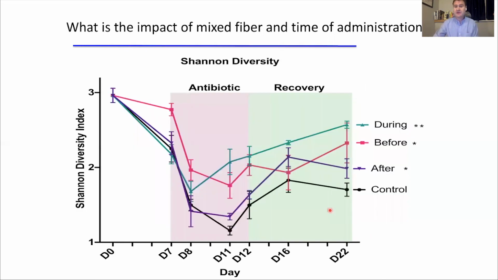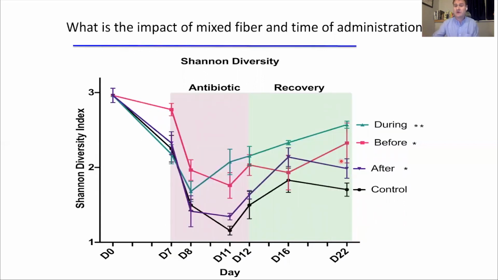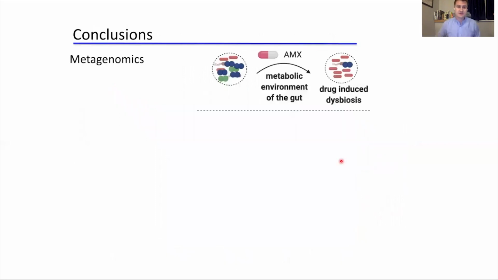And we found that when we provide either the fiber supplement before or during the antibiotic exposure, we have a less dramatic collapse in the diversity of the microbiome and a better recovery when we compare it to the control or the fiber that's given after the antibiotic has been provided. And so this indicates that there's probably a really important role of carbon utilization in the susceptibility of the microbiome to antibiotics.